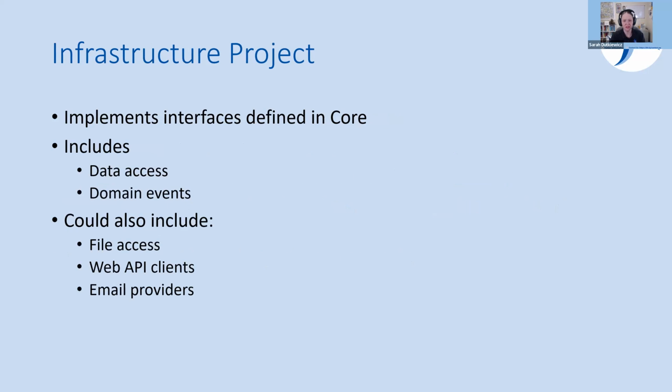The Infrastructure project. This is what's going to implement those interfaces that are defined in Core. This includes things like your data access and your domain events. But if you're dealing with file access or API, email providers, infrastructure decisions all tend to show up in the Infrastructure project.